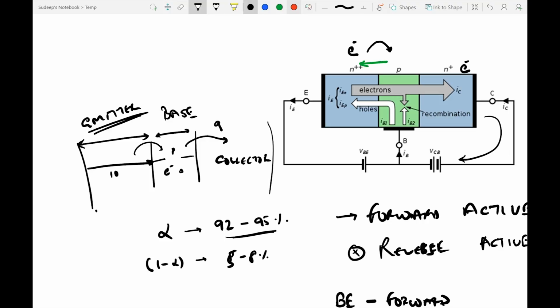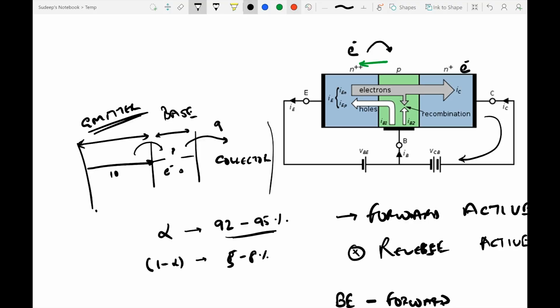We talked of the flow of current being opposite to the flow of electrons, so we would see an inward flow of current IC. IB is the flow of current in the base, because some electrons would move out over here; this flow of current is happening because of recombinations of electrons and holes in the base region.